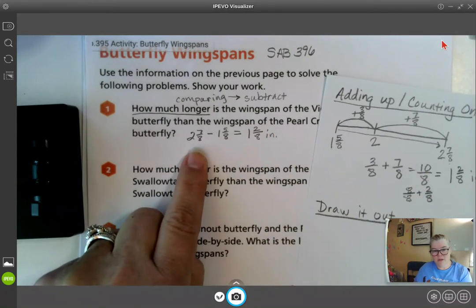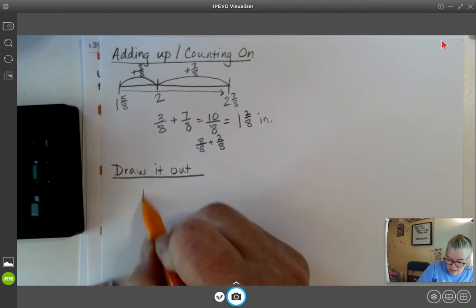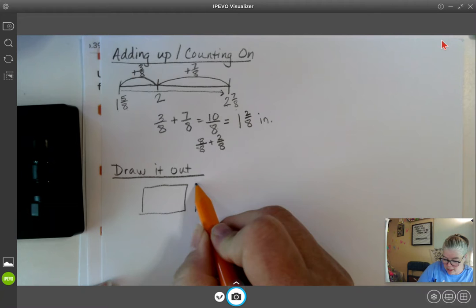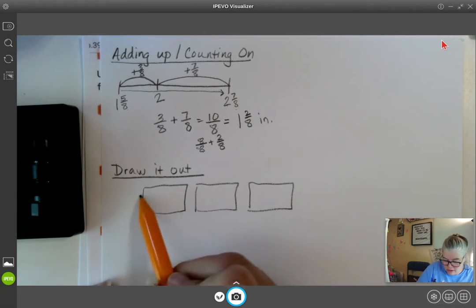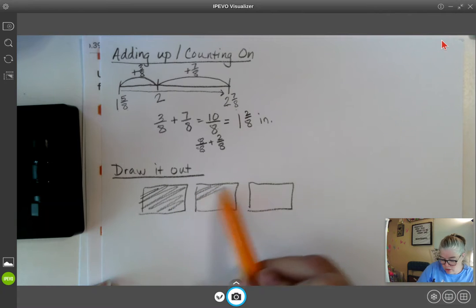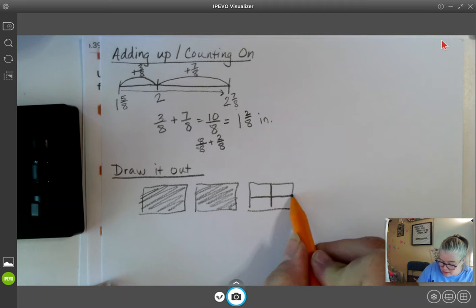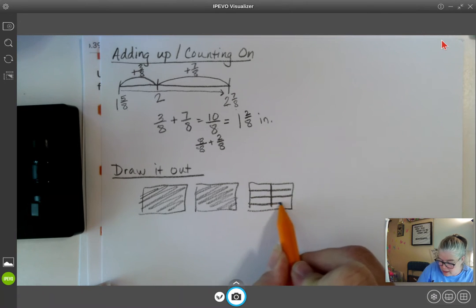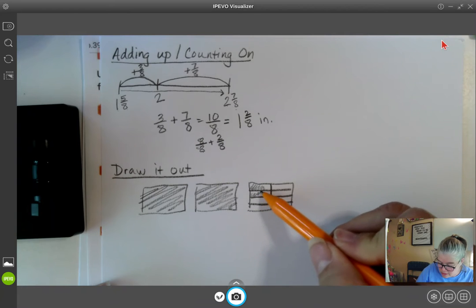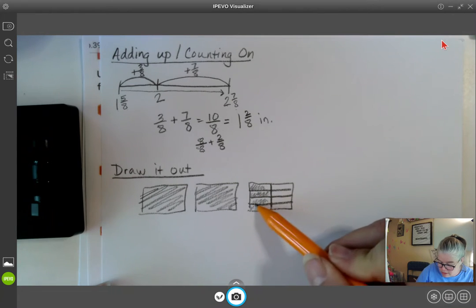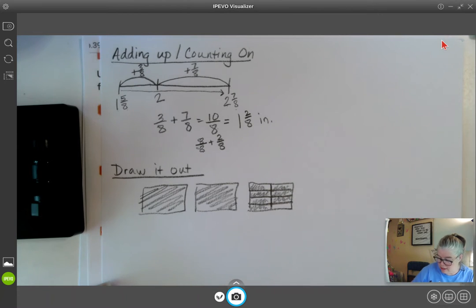Another way I could do this subtraction problem is I could draw it out. So let's see how we would draw that out. If I draw out the amount that I start with, 2 7/8. So here's 1 whole, 2 wholes. And to do 7/8, I need to draw eighths in this rectangle. So 2 7/8. I'd color in 7 of these. 2, 3, 4, 5, 6, 7.